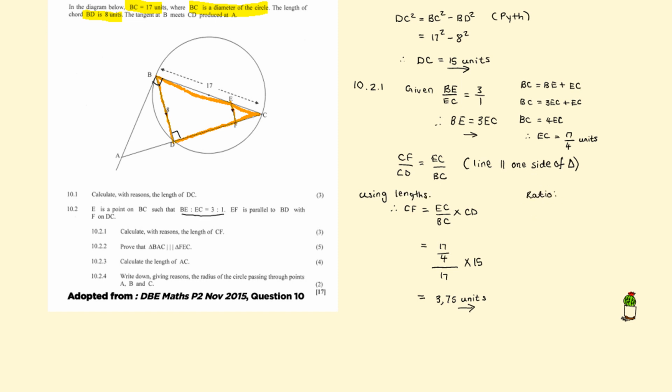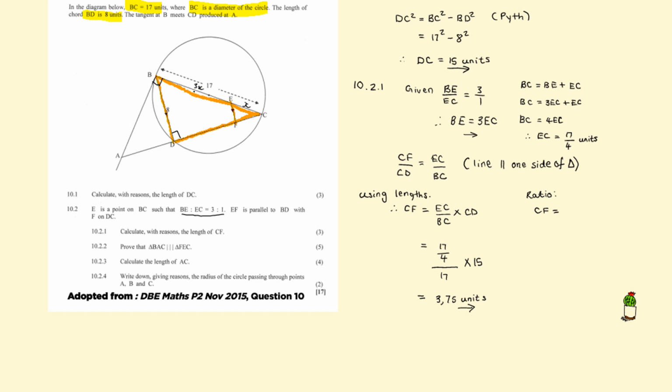If you had decided to use ratios, you need to stick with using ratios, and I'm going to show you what that looks like now. Notice BE to EC is given here as 3:1. Remember, in the first video I taught you how to use placeholders. So you would go into your diagram and say BE is 3x and EC is x.